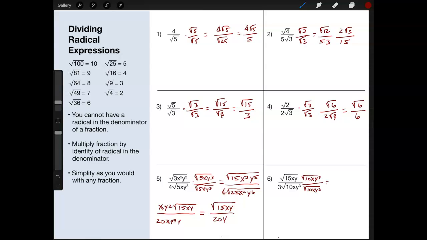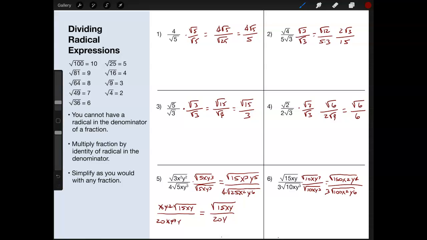We multiply 15 times 10 and we get 150 x squared y to the fourth over 3 multiplied by the square root of 100 x squared y to the sixth.